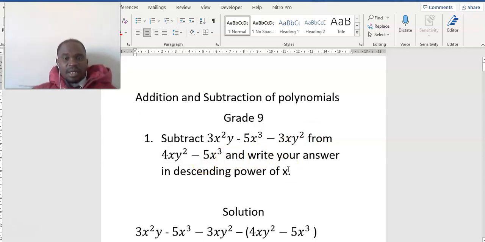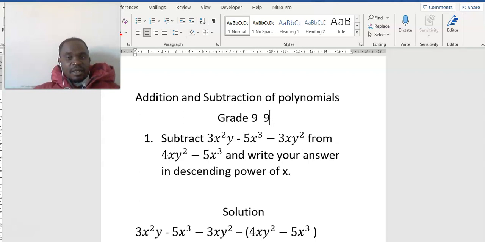Are we together? If it says subtract this one from this one, what is it? For instance, if you are told to subtract 1 from 2, to subtract 1 from 2 is supposed to be 2 minus 1. If you are told to subtract 6 from 9, 6 from 9 is going to be what? 9 minus 6.